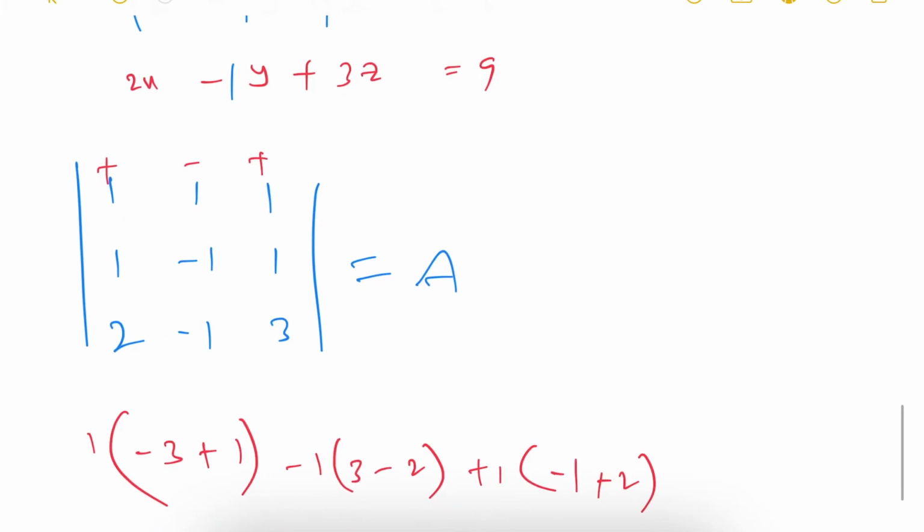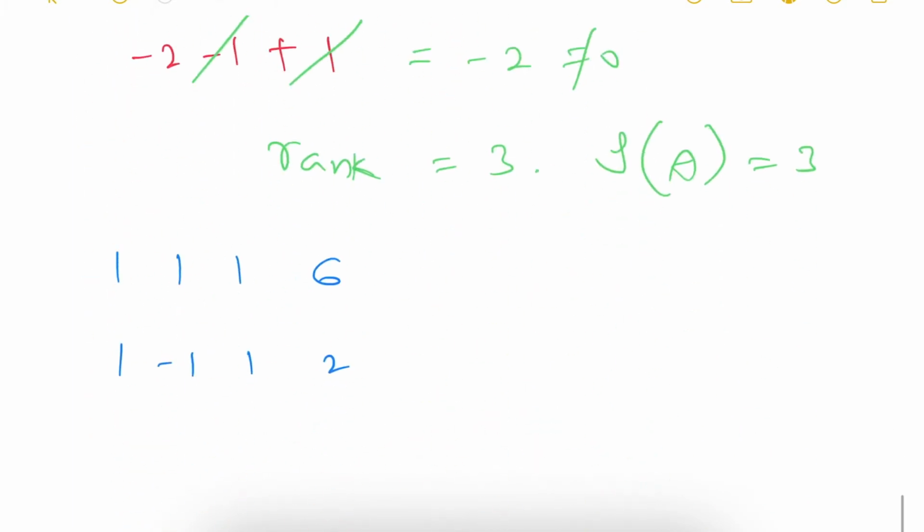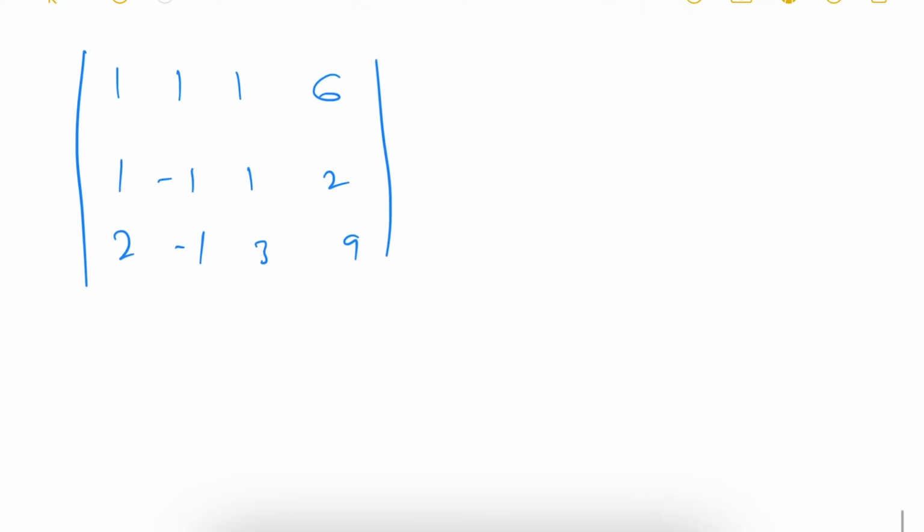Then third row will be 2 minus 1 3 9. This is the augmented matrix we have. Now for this matrix, to find out the determinant, first I will do some changes. Row 2 I will change to row 2 minus row 1, and row 3 I will change to R3 minus 2R1. Okay, let us check what we will get then.